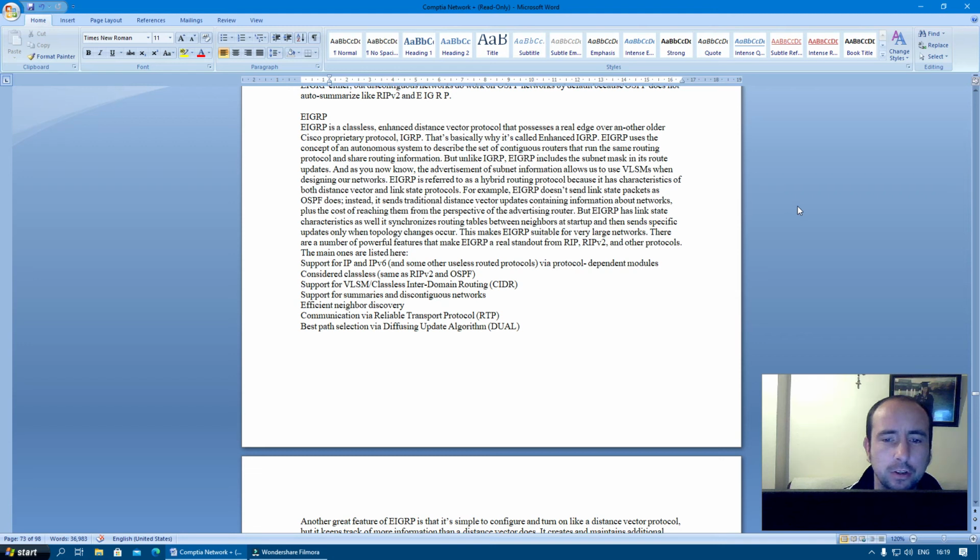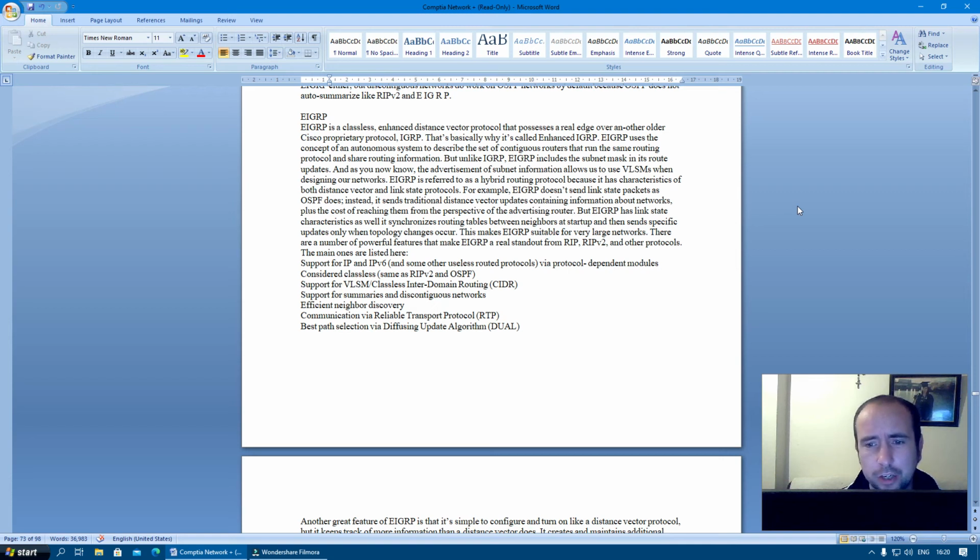EIGRP is referred to as a hybrid routing protocol because it has characteristics of both distance vector and link state protocols. For example, EIGRP doesn't send link state packets as OSPF does. Instead, it sends traditional distance vector updates containing information about networks, plus the cost of reaching them from the perspective of the advertising router.